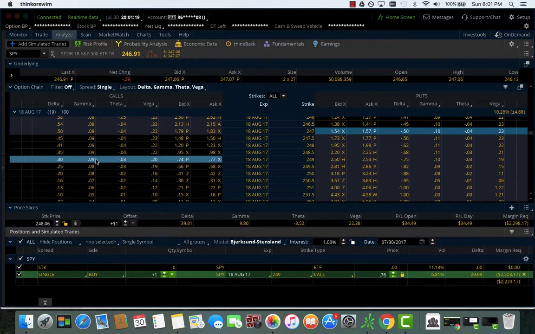So the 249 call that starts with a 30 delta, which says again, it's like owning 30 shares of stock. If SPY goes up a buck with the 30 delta call, we expect the value of that call to increase by about 30 points. But gamma is now saying that if SPY moves up or down a dollar, gamma is added to the delta.